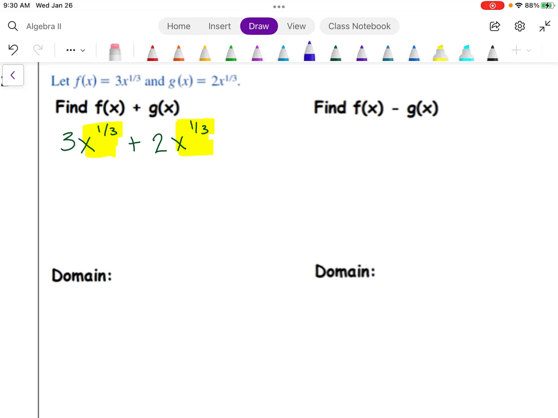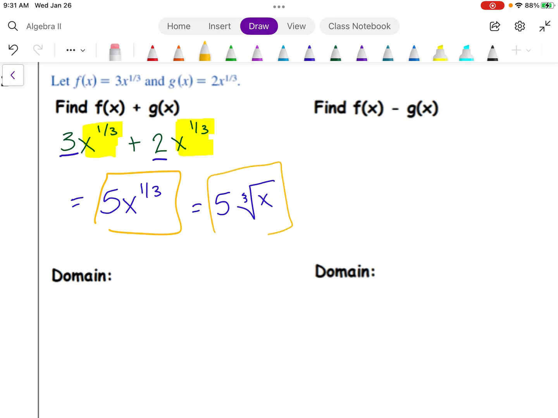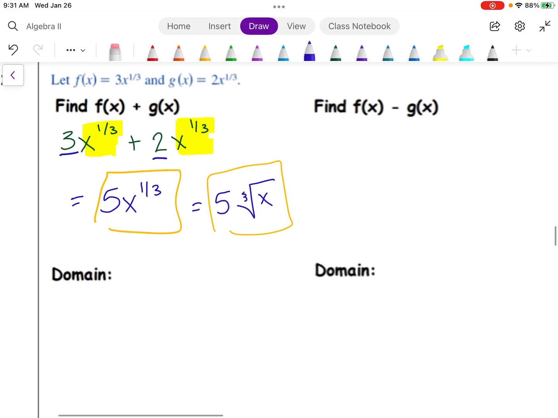So that means I have 3 of something plus 2 more of something, which gives me 5 of that thing. 5 times x to the 1/3. There's our answer. If you wanted to write it in radical notation, it would be 5 times the 3rd root of x. So then for our domain, well, it's an odd root, so we don't care about negative numbers. So x just belongs to the real numbers.